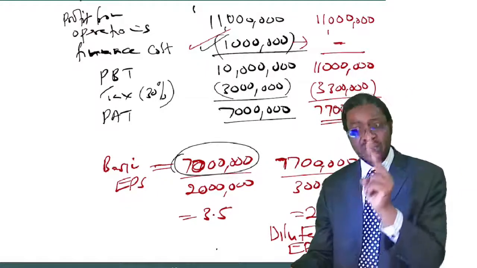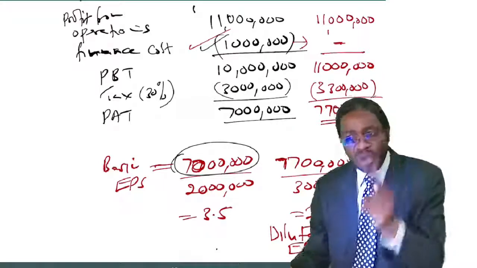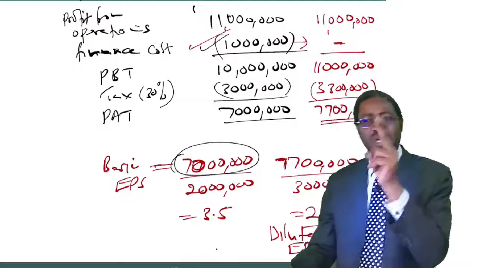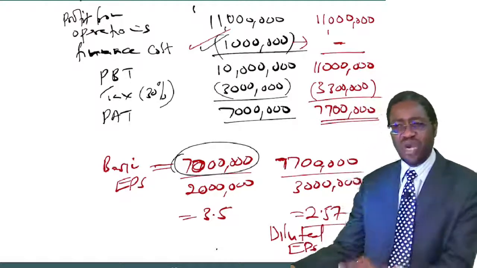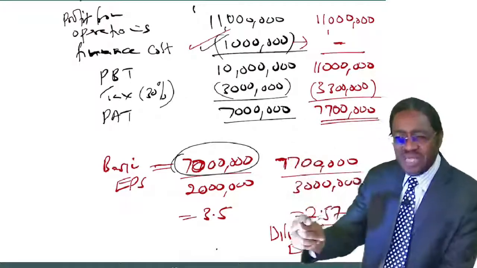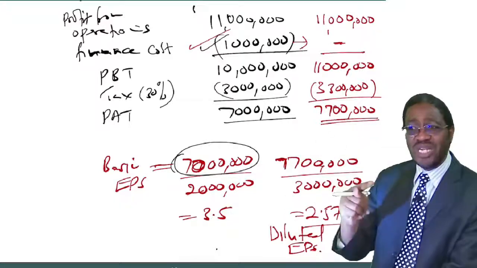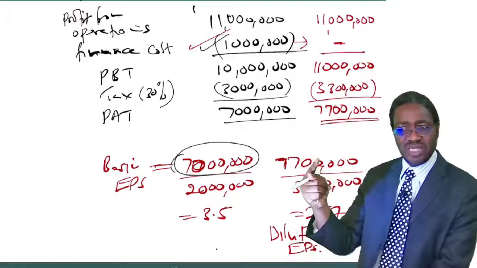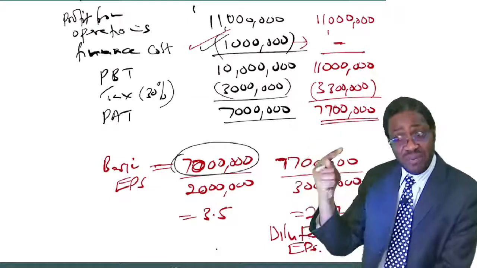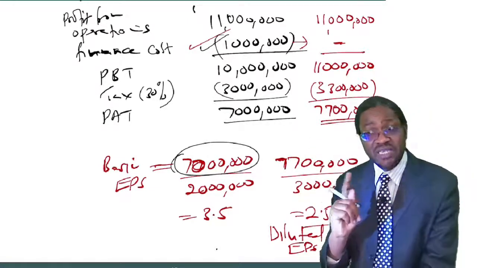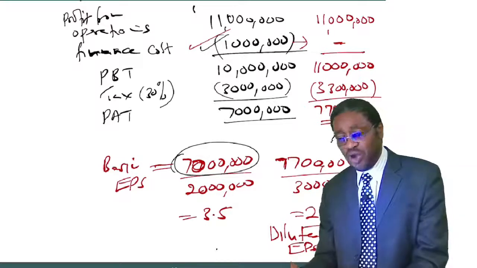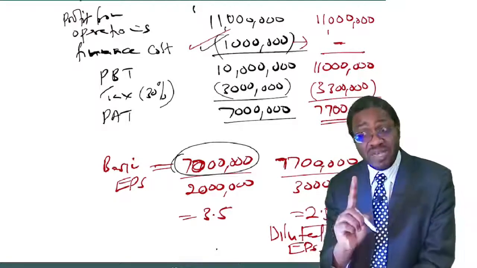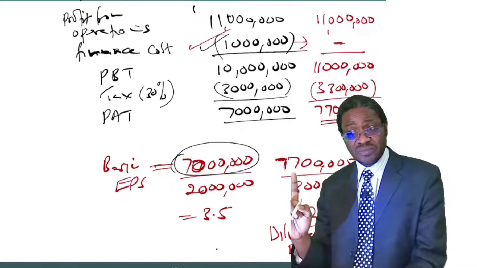But though we would have saved interest of 1 million, our earnings attributable to the ordinary shareholders will not increase by 1 million, but instead would have increased by how much? I hope you can see it has only increased by 700, from 7 million to 7.7.